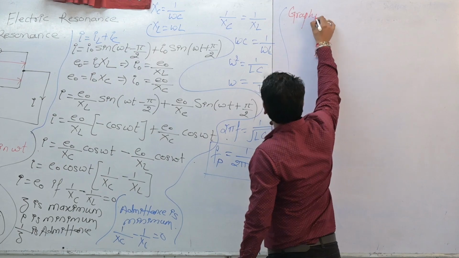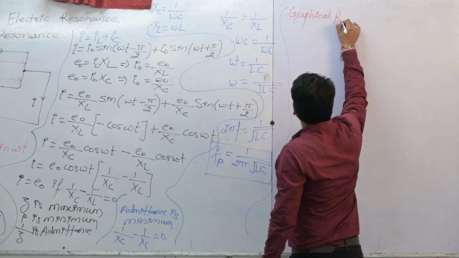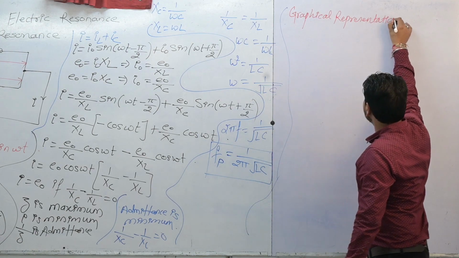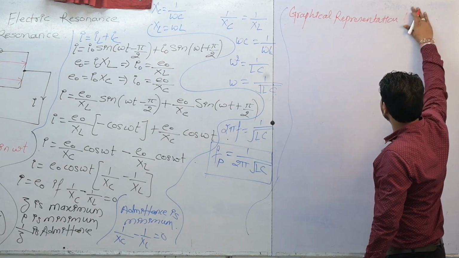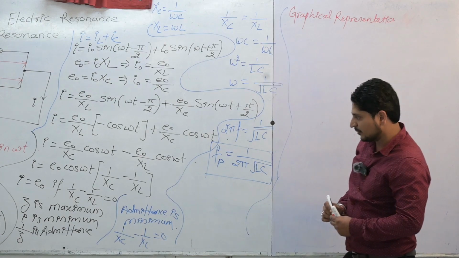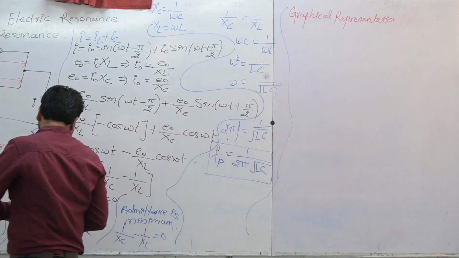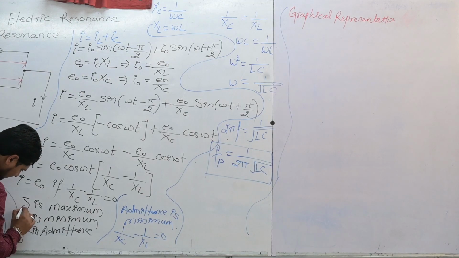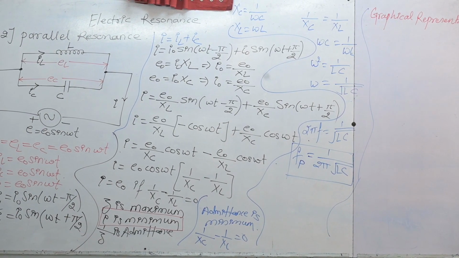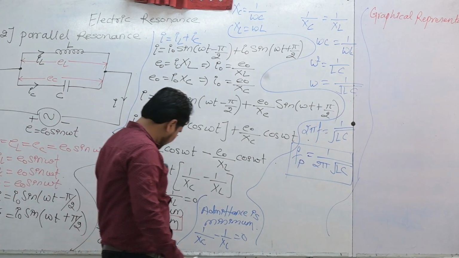So the graphical representation for parallel combination. Your current is minimum here. So when your current is minimum, see here, because Z is maximum, impedance is maximum, your current is minimum.